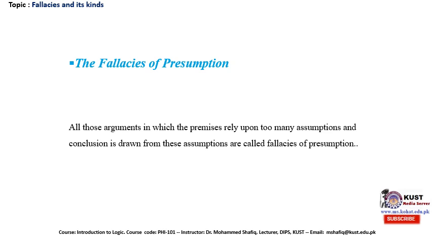So these are the four classes of different kinds of fallacies. About fallacies of relevance and fallacies of ambiguity, we are going to discuss individually in our next lectures because they are very important. But this does not necessarily mean that fallacies of presumption and fallacies of defective induction are by any means less important.